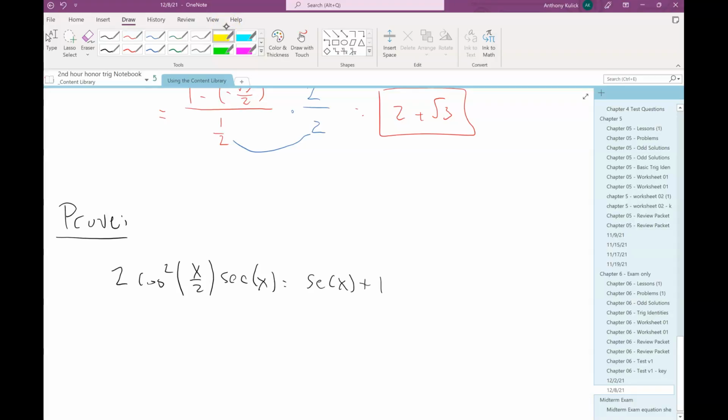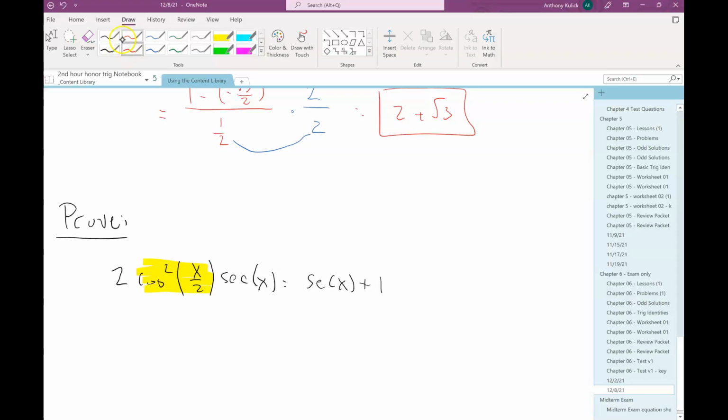So when I look at this, this is the piece that I'm interested in because I see the half angle in it. On the other side, I see no half angles. So I'm going to use one of the half angle identities.